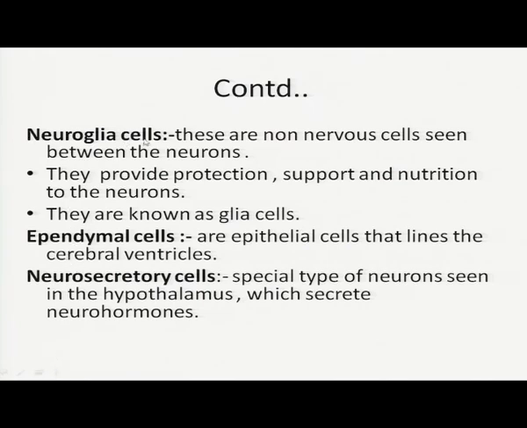Now, what are these neuroglia cells? I have already told you, nervous tissue is not only made up of neurons. Here, the second category of cell is neuroglia cells. These are non-nervous cells which are seen in between the neurons.